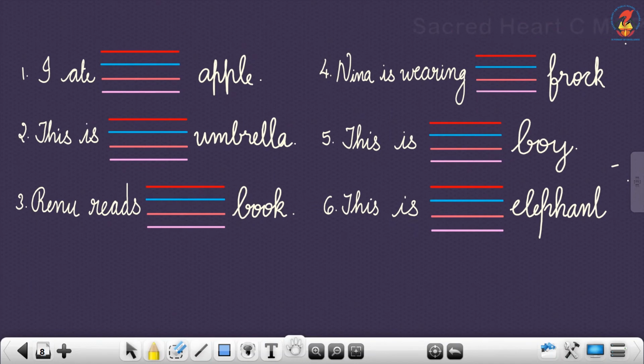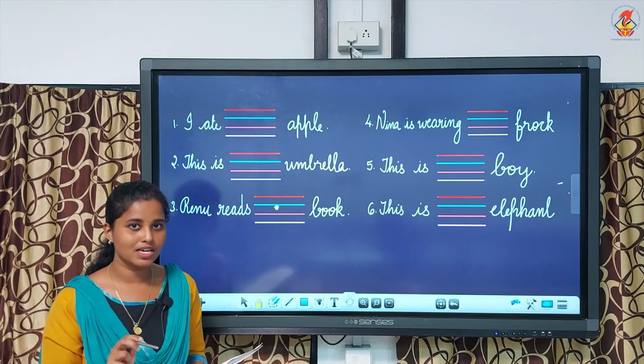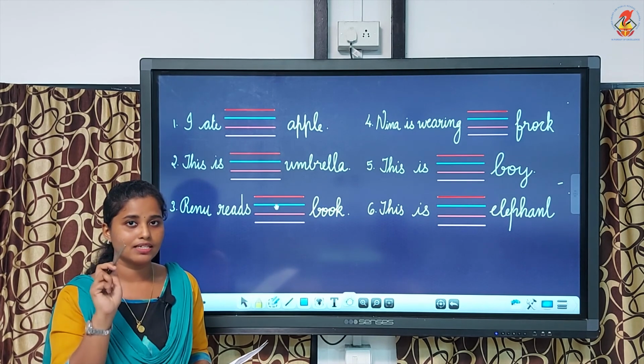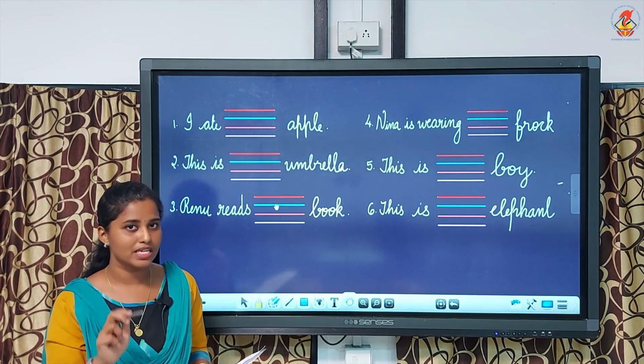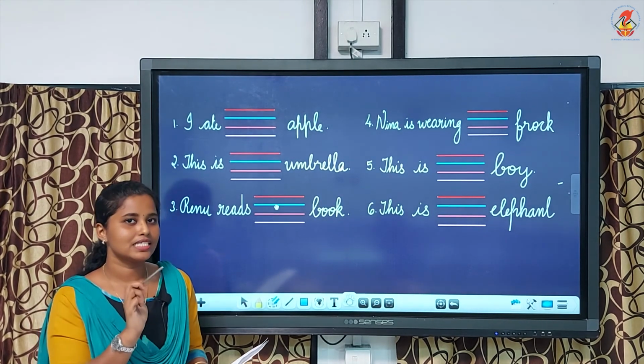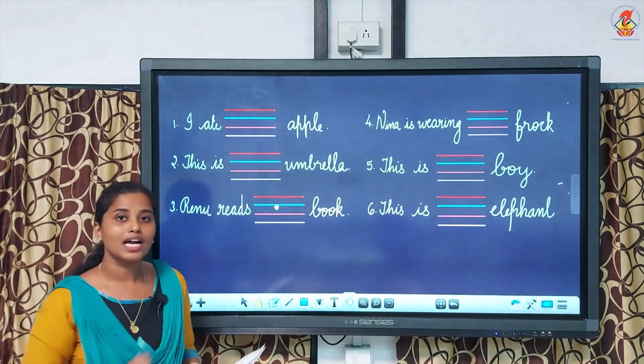Here for you a picture is given instead of the noun. You have to recognize the picture, remember the beginning letter of the picture, and then think and guess and write the correct article.